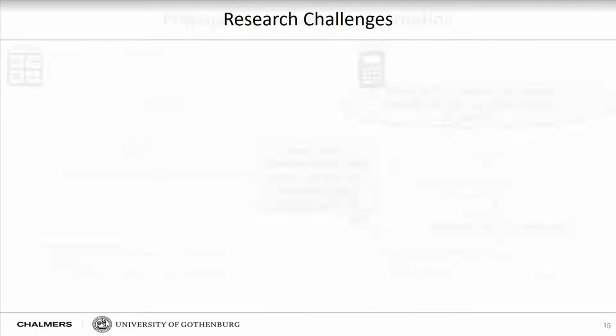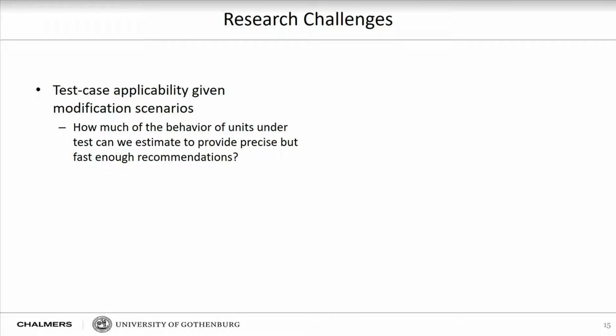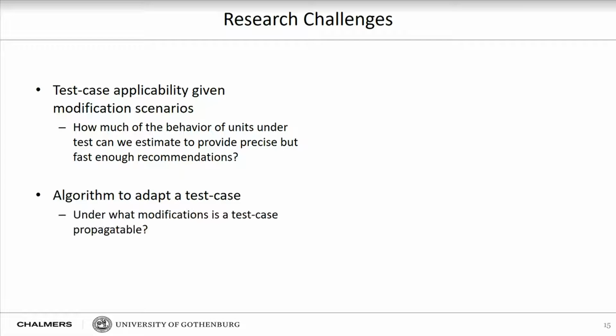So what we've used here is a simple example, but this could actually be very complex in practice. Therefore, our research challenges consist mainly in, first, analyzing test case applicability. How much of the behavior of units under test can we estimate in order to provide precise but fast enough recommendations? Secondly, we want to formalize an algorithm to adapt a test case. Under what modifications can we propagate a test case, and what kind of infrastructure is needed to support this technique?